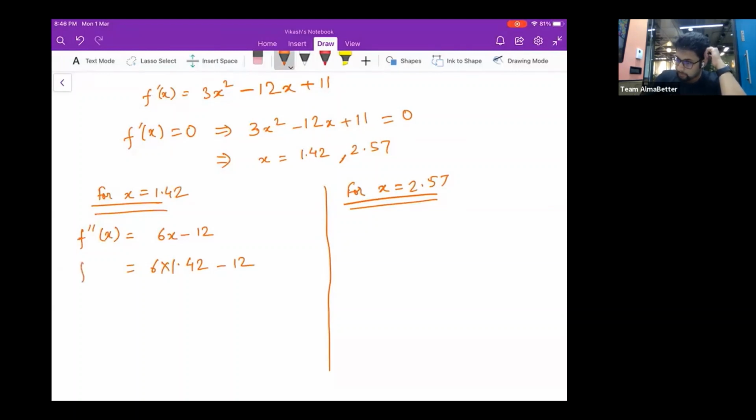This is f double dash 1.42. Is this value positive or negative? So is this value positive or negative?